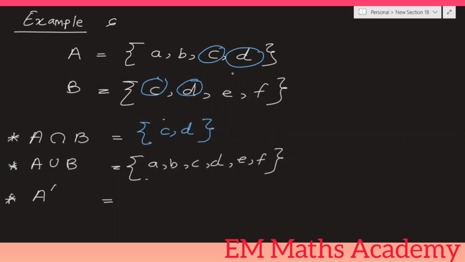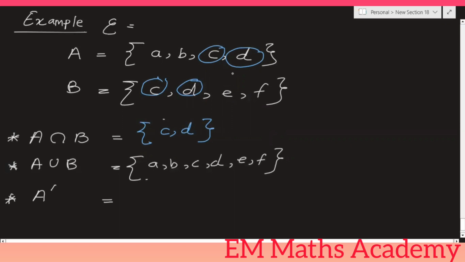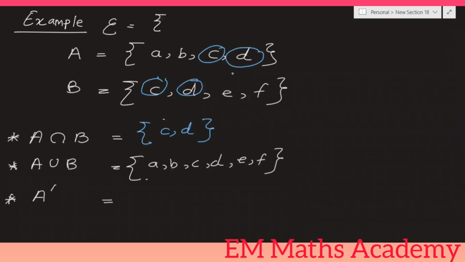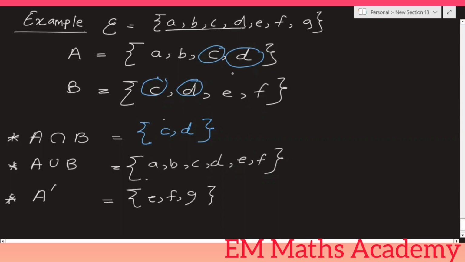The set which includes all the elements of the considered sets. Suppose the universal set is A, B, C, D, E, F, G. Then A dash means all the elements except A. A, B, C, D are in A, so E, F, G is A dash.